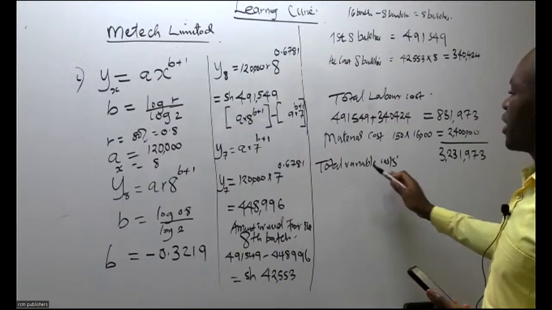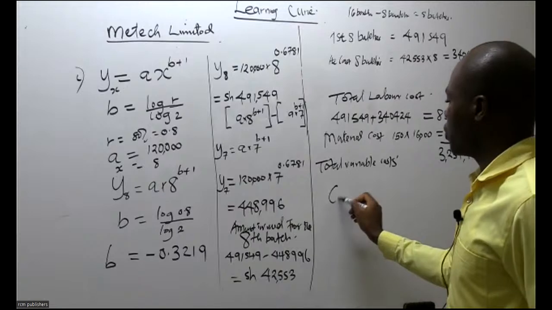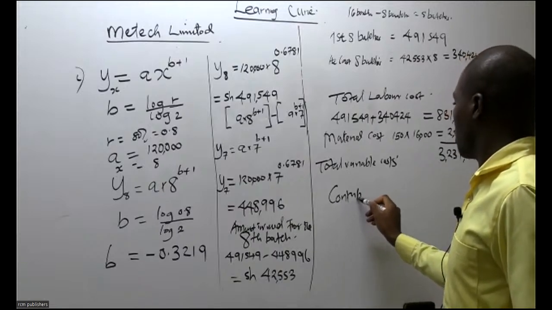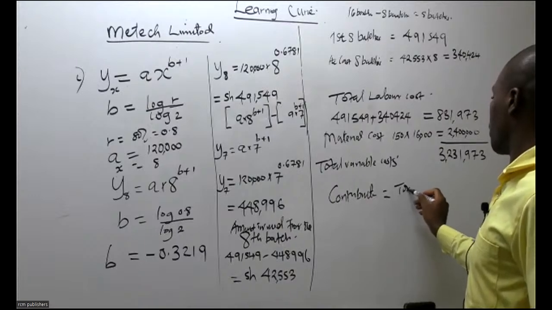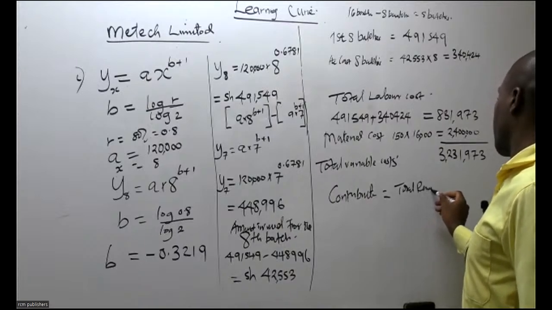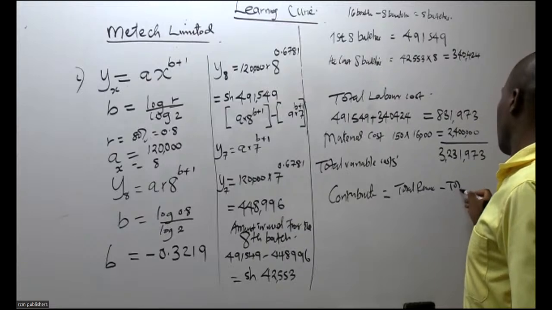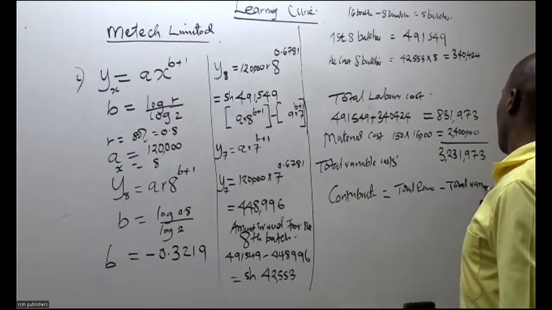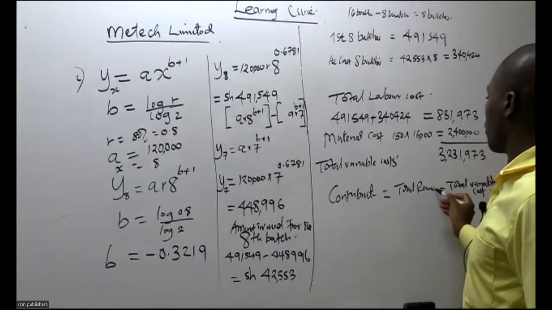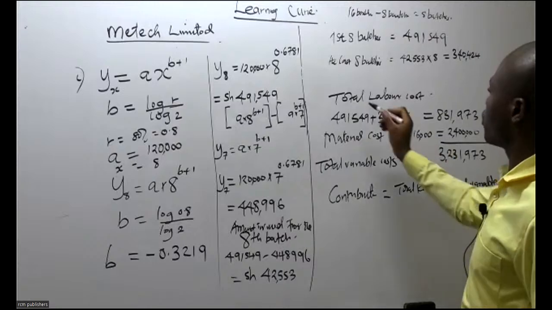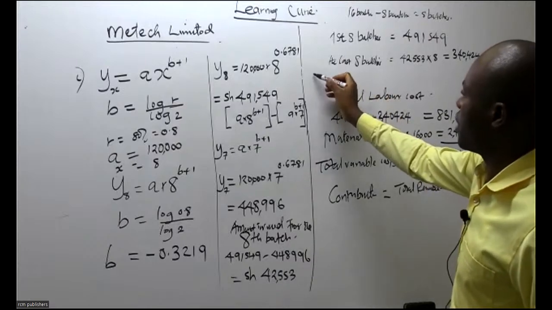That is the total variable cost. How do we normally get contribution? Contribution is equivalent to total revenue or sales less total variable costs. Do we have total revenue anywhere? We can get total revenue somewhere here.